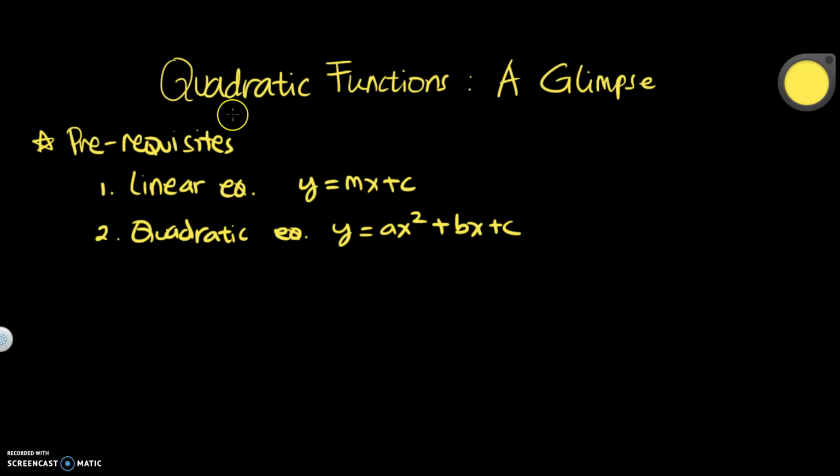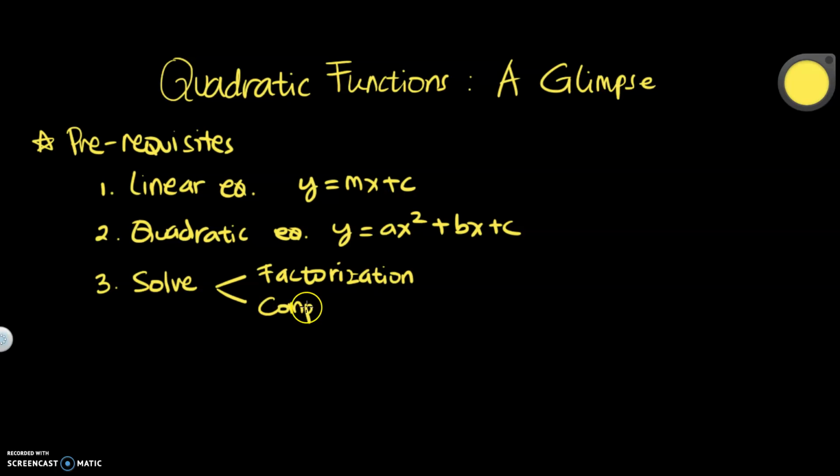Other than this, you have to know how to find the roots of quadratic functions. You can use three methods so far. The first one is factorization. The second one is the method of completing the square.